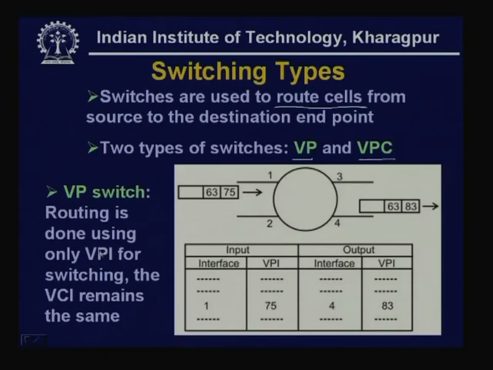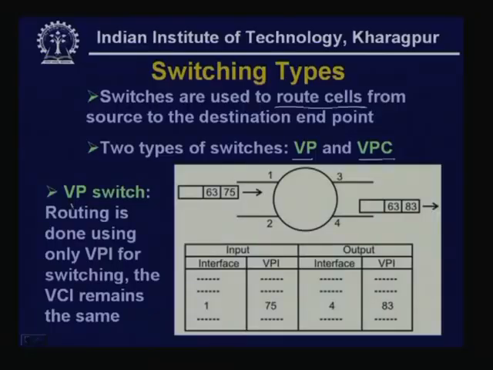Routing is done using VPI; for VP switching, the VCI remains the same. Usually between two switches, the switching is in the form of VP switch normally. That means routing is done only by using the VPI, the VCI remains same.